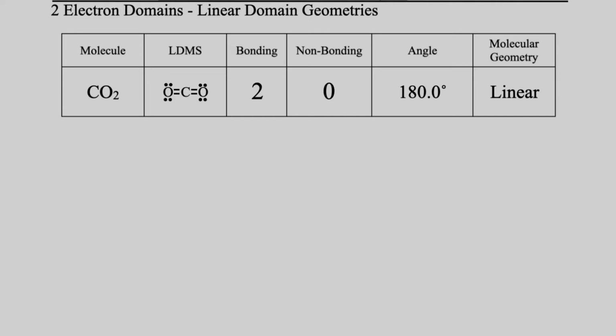Now again, I did not put an example where there's 1 bonding and 1 non-bonding domain. You'll see them in homework. But again, guys, anytime you have 1 bonding domain, there is no angle and the geometry is straight. Yeah? But if there's 1 bonded and like 4 or 3 unbonded, would it push it away from stuff?